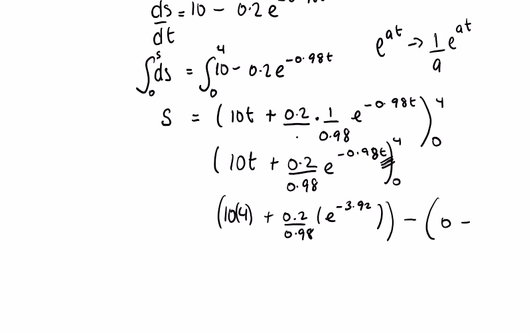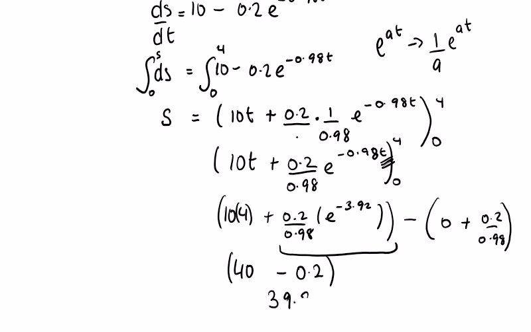So we put a 0 in here, we're going to get e to the power of 0, which is 1. So we're just going to get 0.2 over 0.98. It's actually a plus here, sorry, not a minus, a plus. So this first term is going to give me a minuscule number on my calculator. It's giving me 0.000, so we can discount that and just take the 40. And plus 0.2 divided by 0.98, it's going to be minus that, so it's going to be minus 0.204, so just 0.2. So 39.8 meters traveled in the first 4 seconds.